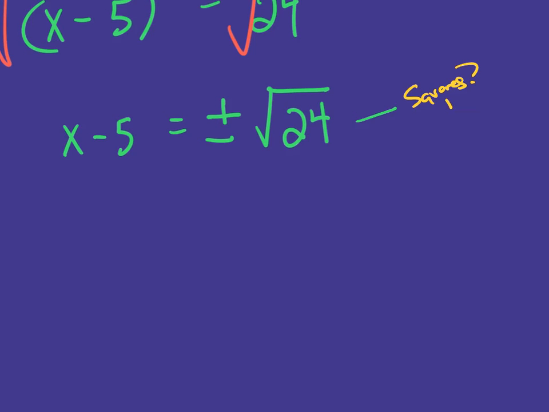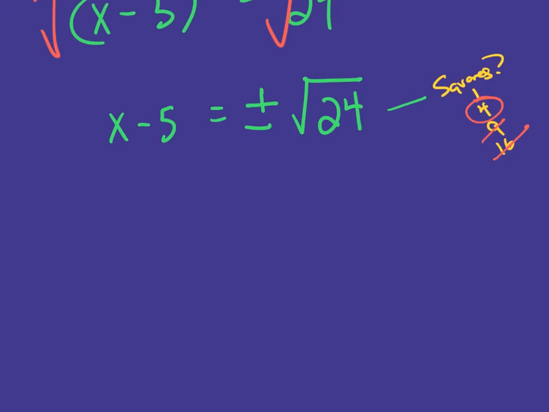So you're going to look for squares: 1 squared, 2 squared, 3 squared, 4 squared. And you just want to check to see if any of those are factors of 24. 16, not a factor of 24. 9, not a factor of 24, but 4 is.